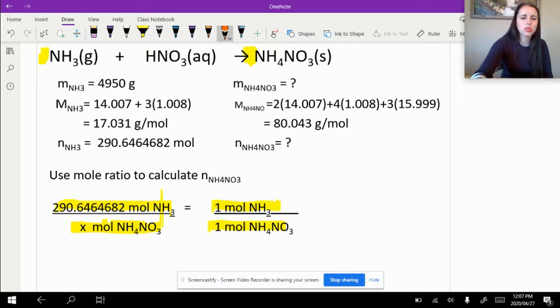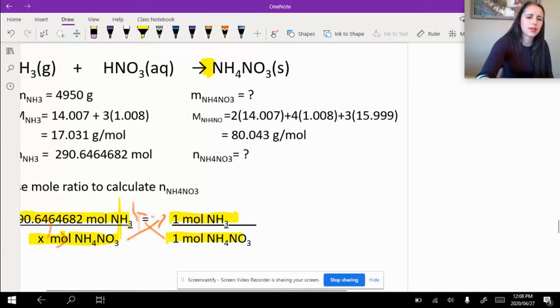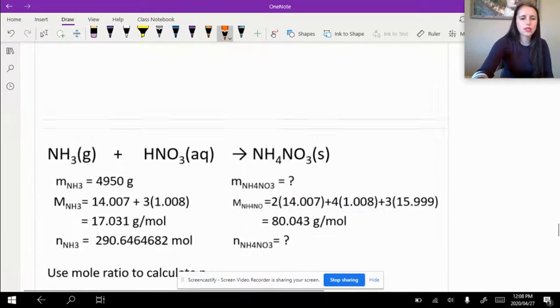Next step is to cross multiply. And just to save us some time here, in one line, I'm also going to isolate for X. So that's going to look like this.